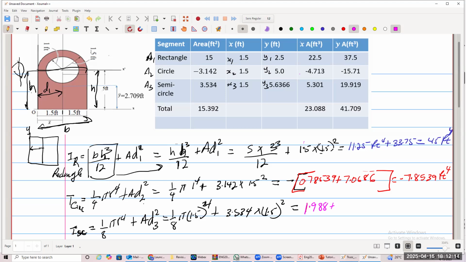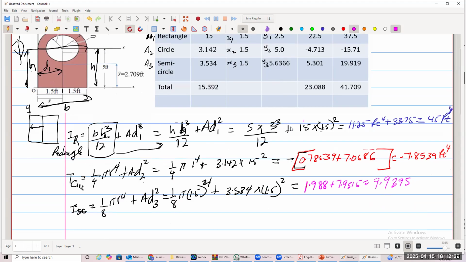So 7 point something, 7.9515. That's what you got? Yes, sir. That's 1.988. And so this one is roughly 9.9. 9.94, 395 or something like that.